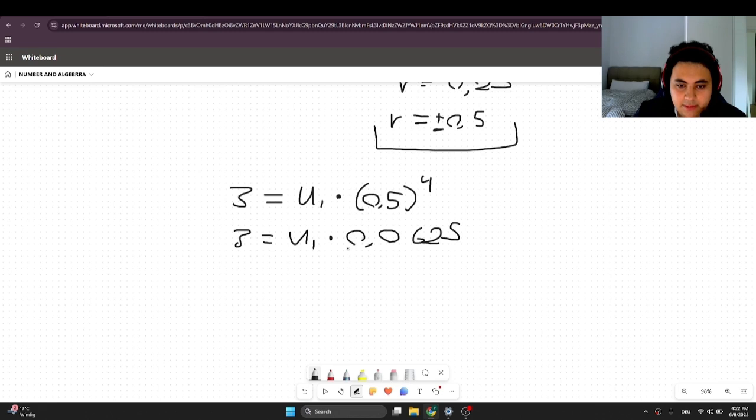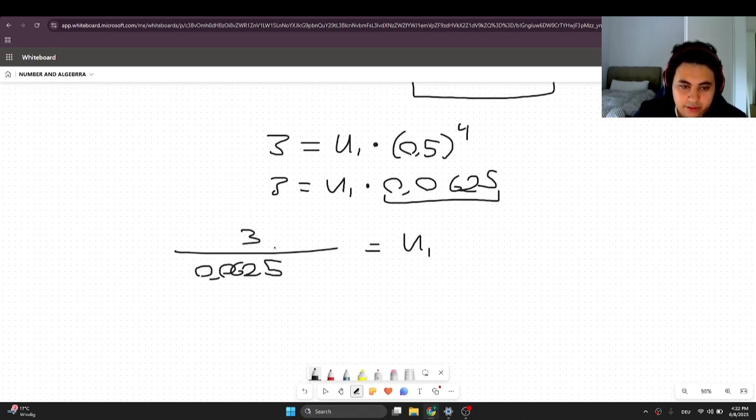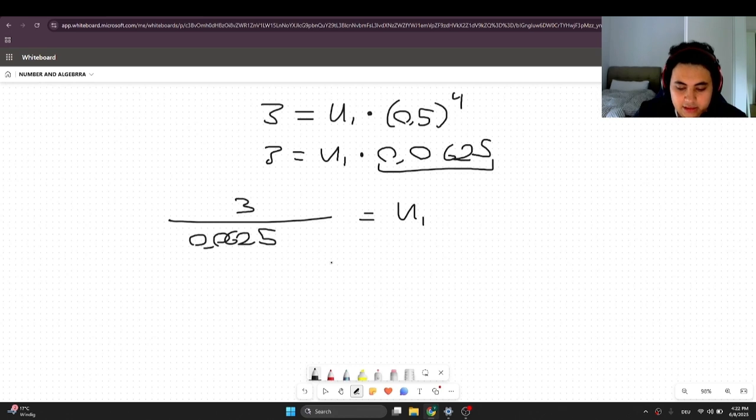We're going to divide both sides by this number. So 3 divided by 0.0625 is equal to u1, right? This gives us u1 is equal to 48. Let's double check that. Divided by 0.0625, it is 48 indeed. So we know now that u1 is equal to 48.